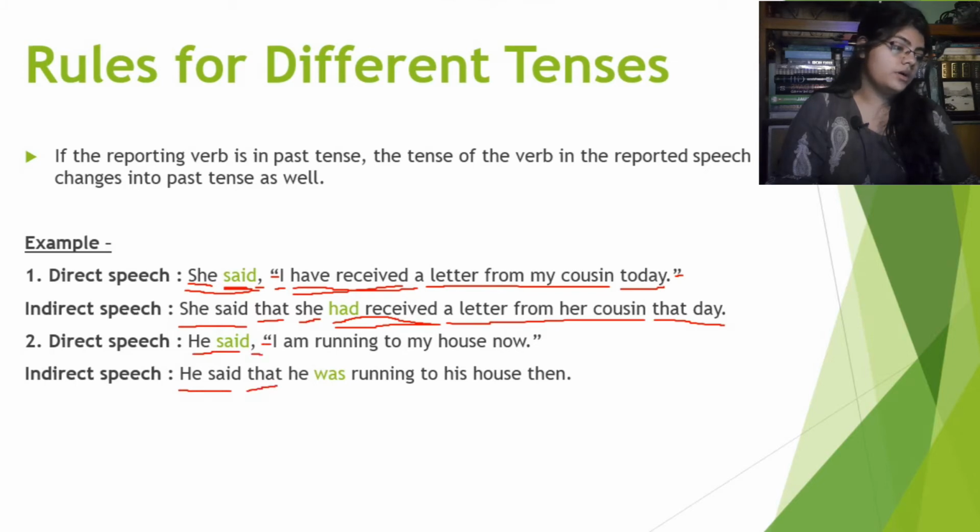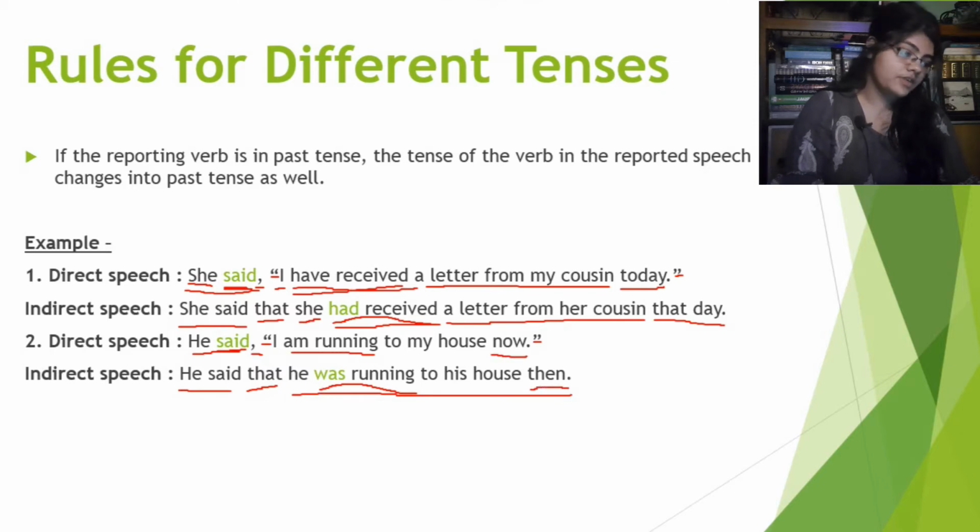The inverted commas will not be used here. "Am running" will become "was running" because of the tense of the reporting verb, which is in past tense. So, "I am running to my house now" will be "he was running to his house then," because in the direct speech it's "now," so in the indirect speech it will be "then," as we said in the previous segment of the video.